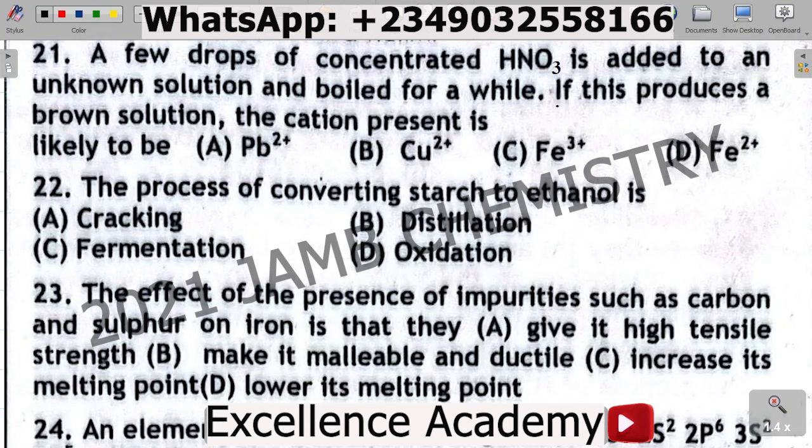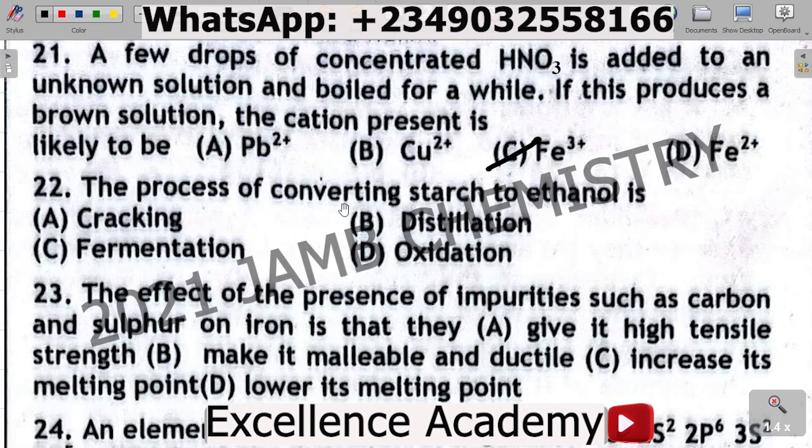The correct answer is C, iron 3 ion. The nitric acid would oxidize iron 2 ion to produce iron 3 ion, which produces a brown solution. So the brown solution indicates the presence of iron 3 ion. That's the correct answer.